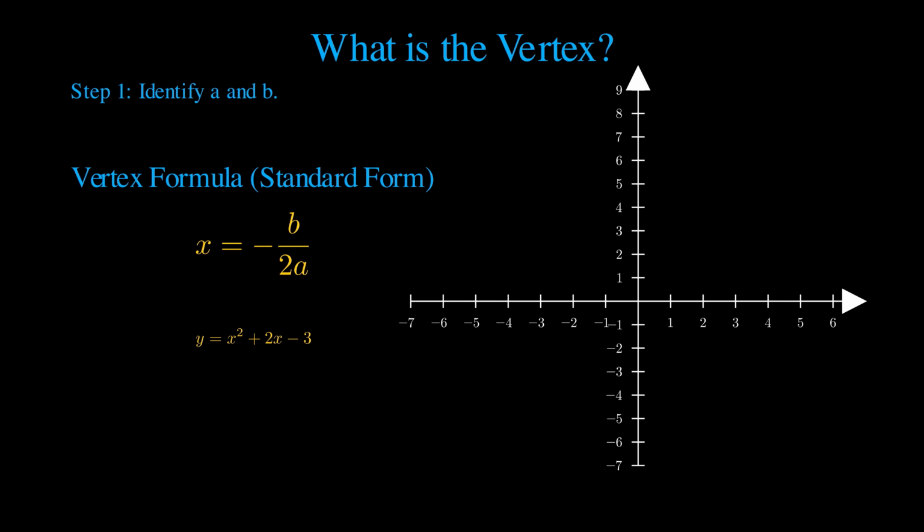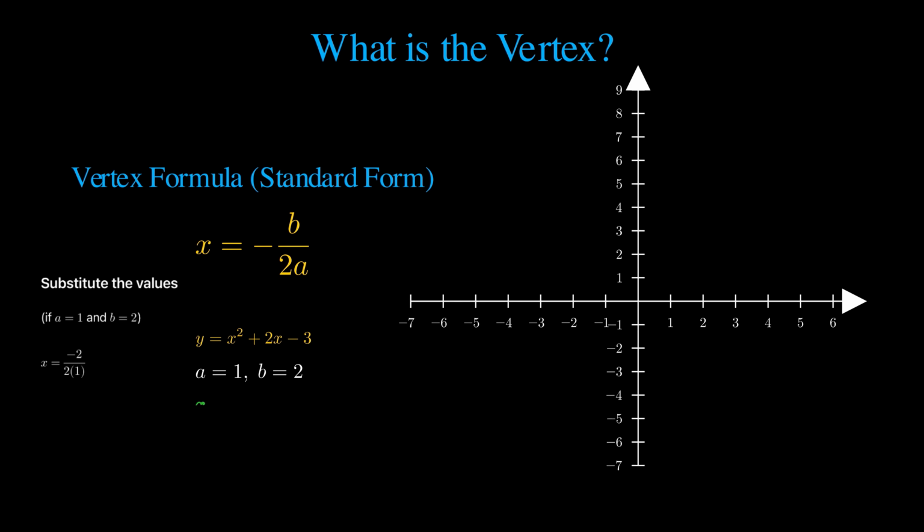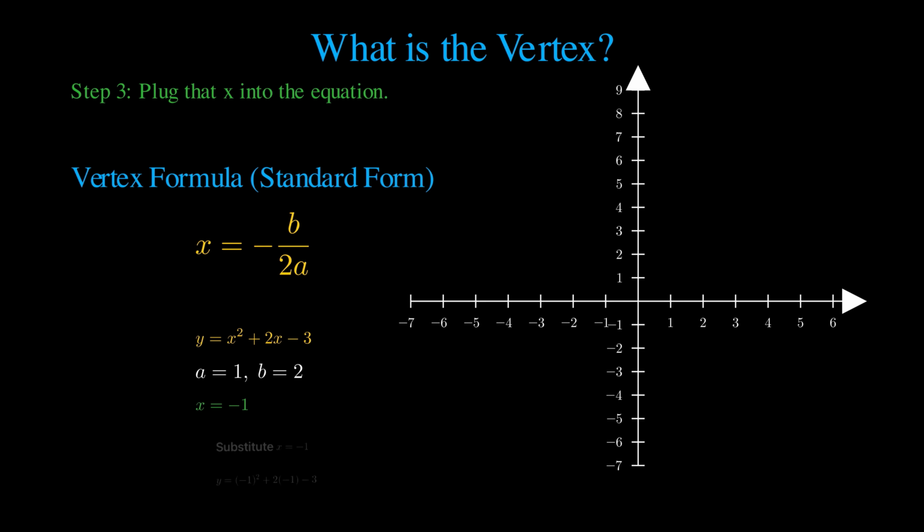The equation is y equals x squared plus 2x minus 3. Here, a equals 1, b equals 2. Now plug it into the vertex formula. X equals negative 2 divided by 2 times 1. That simplifies to negative 1.